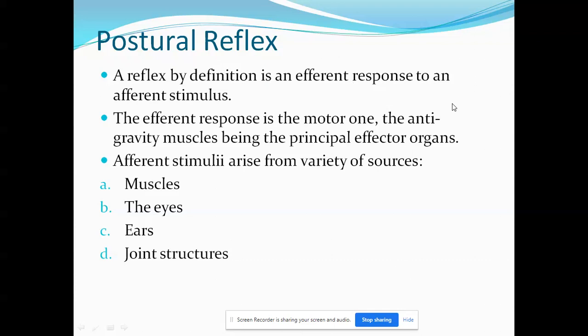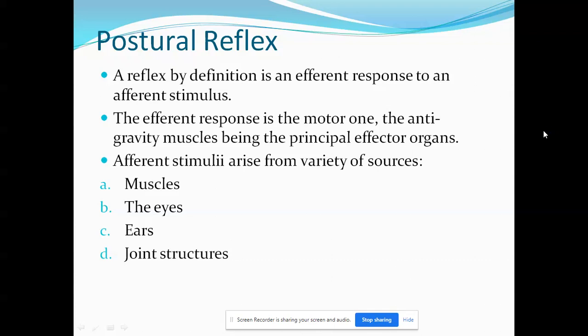Coming to the next one, postural reflex, the main part. A reflex, by definition, is an efferent response to an afferent stimulus. Let the stimulus be anything and let the reflex be anything. For example, the stimulus is a hot pan. You touching a hot pan, withdrawal of your hand is nothing but a reflex. So that is nothing but the withdrawal reflex.